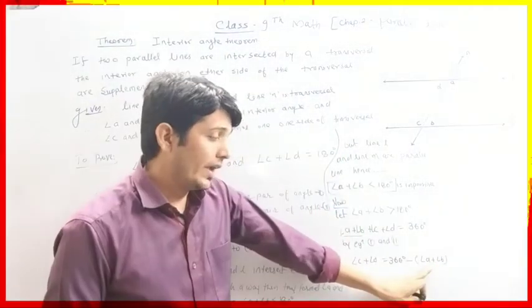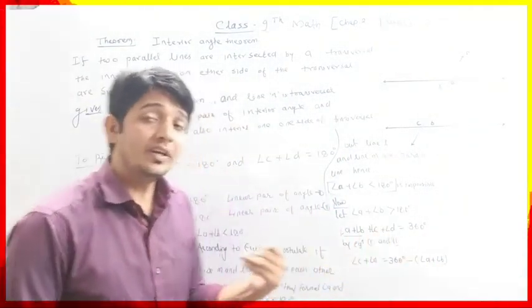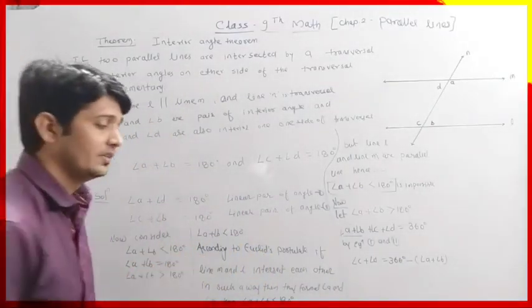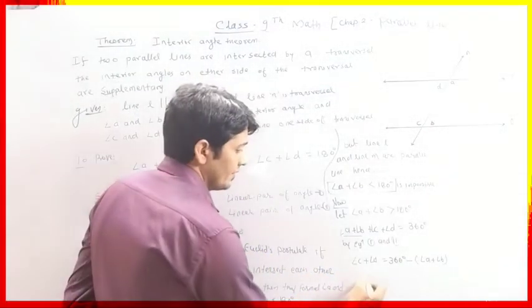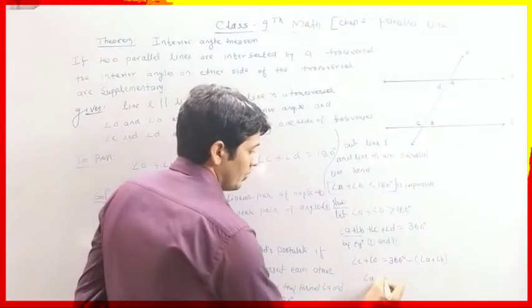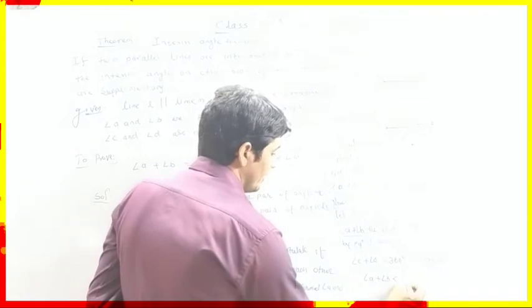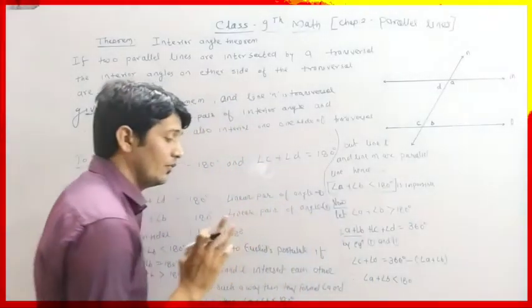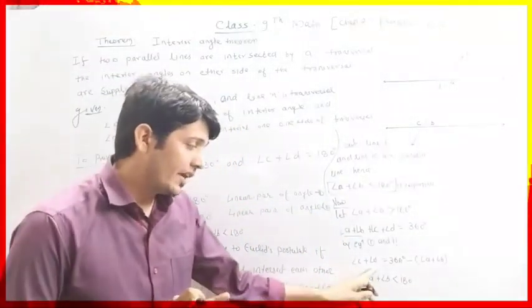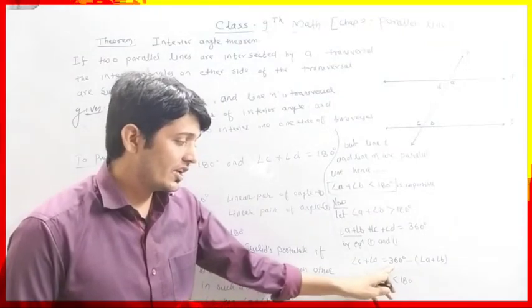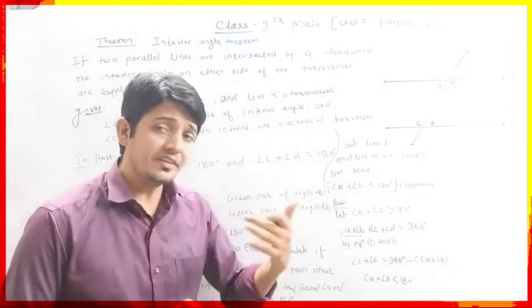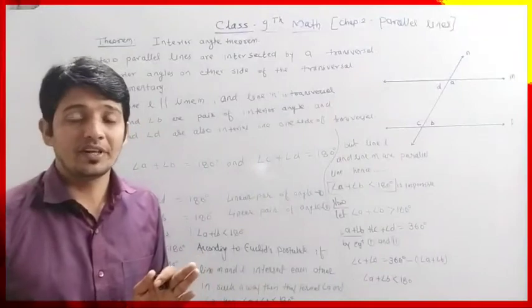And these two angles are less than 180 degrees. That we have already proven, since angle A plus angle B is less than 180 degrees, therefore angle C plus angle D, 360 minus that, will be more than 180 degrees. The measure will be greater.